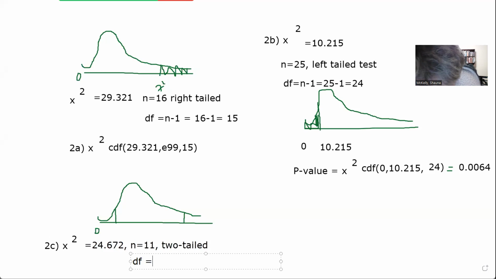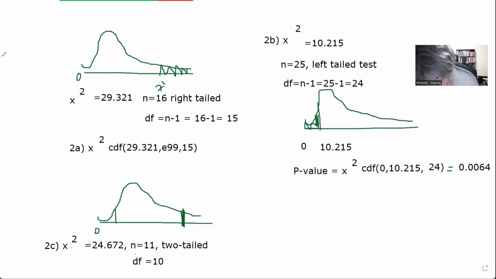Now what we have to do is compare DF to my chi-squared. My chi-squared here is larger than my DF. That means my chi-squared is going to end up being over here. Okay, this is where my chi-square is. And I know that because of what I just showed you.